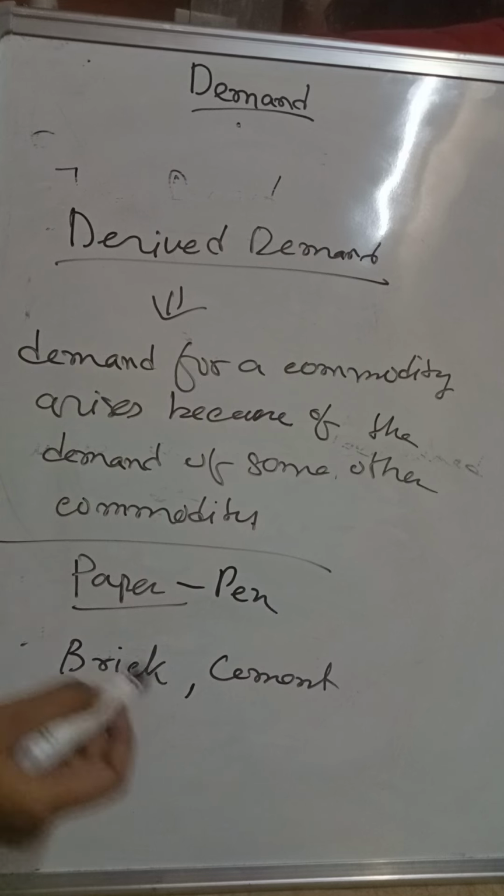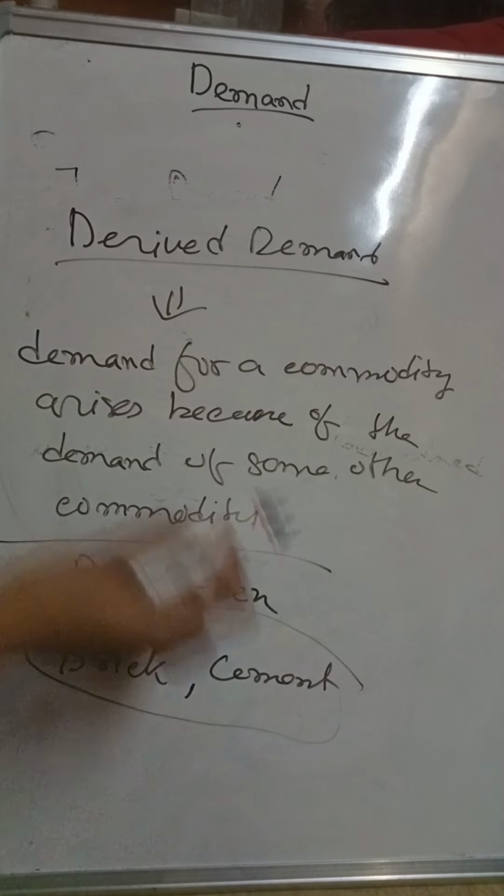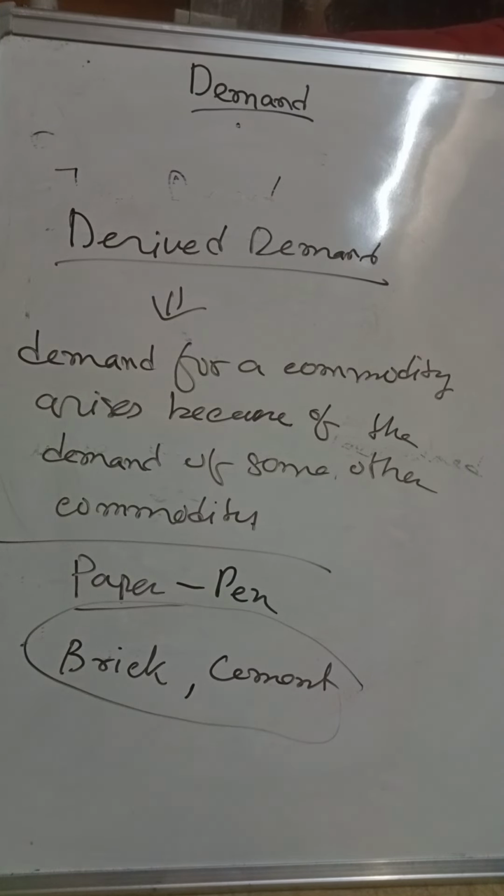Now note that you may say, ma'am, this and joint demand are more or less the same. No, they are not the same. A car is of no use without petrol, both of them we use jointly. Again, shoes and socks, both of them we wear together when we go to school. But this is a different one.